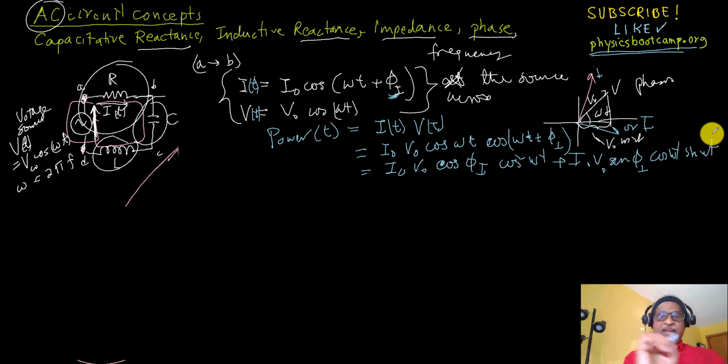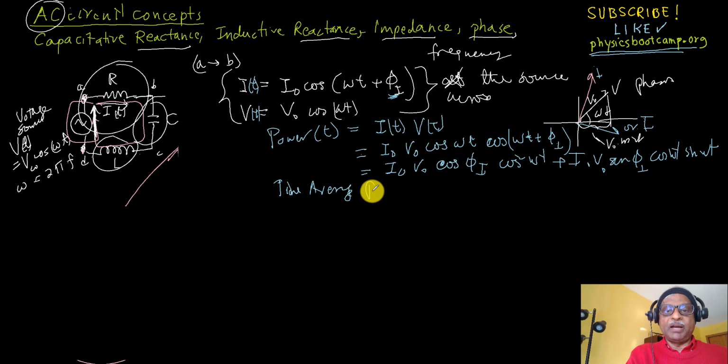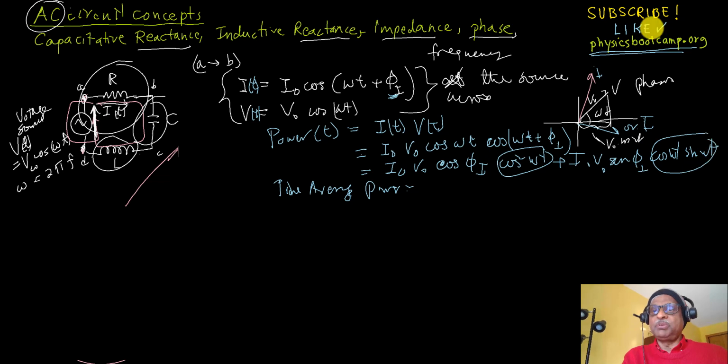So when you do a time average of power, this will be half, and this will be 0.